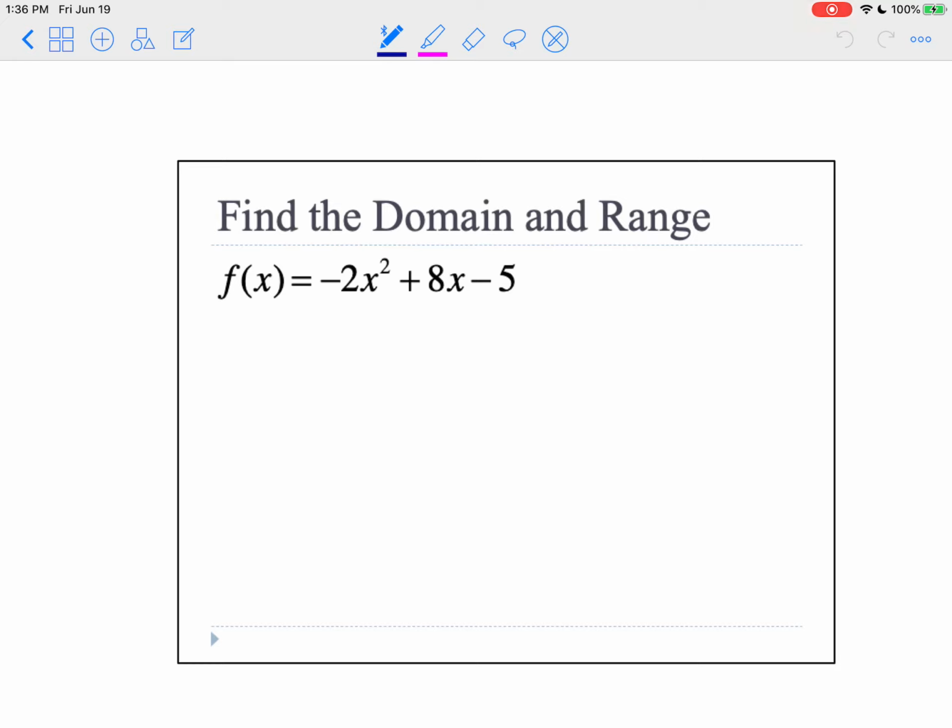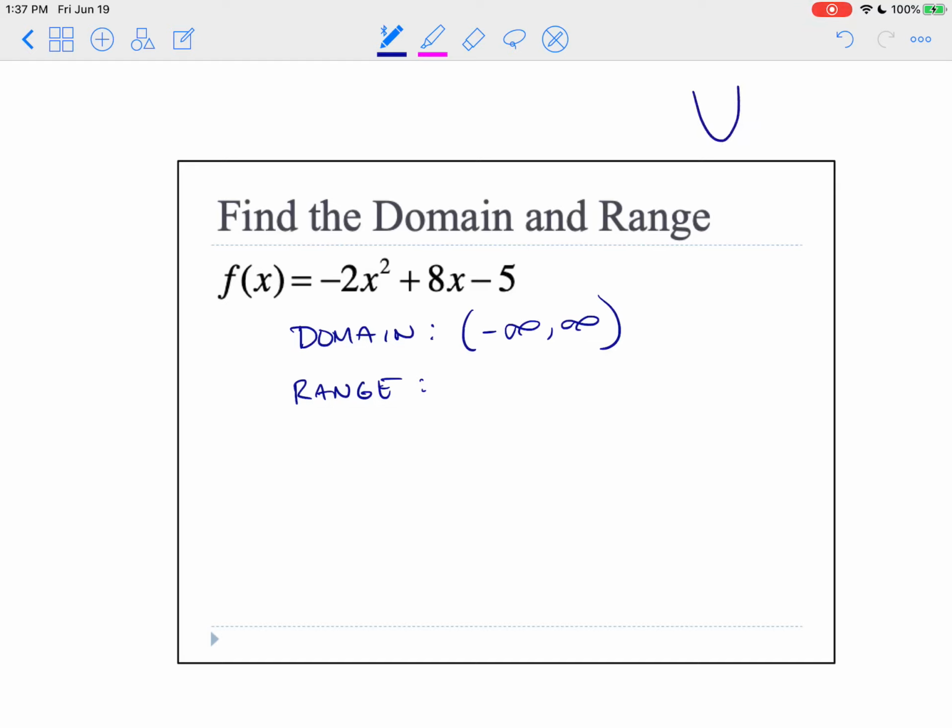Okay? So let's go ahead and find domain and range. Now, domain is going to be easy for a quadratic, and actually any polynomial function. The domain is always all real numbers. Okay? What you want to be aware of is the range, and the range is going to be dependent on where the vertex is and whether I'm opening up or down.